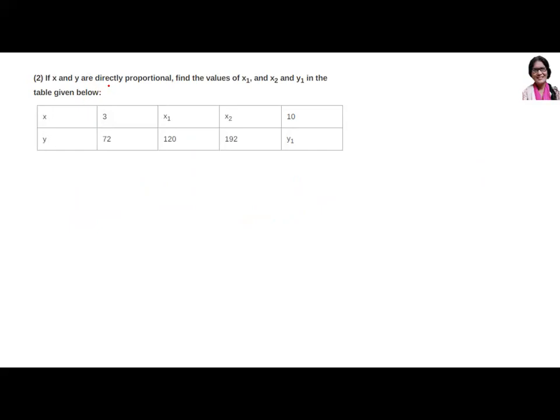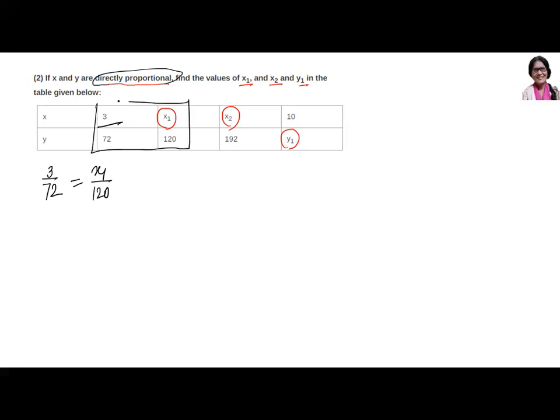Okay. Next, coming to another question. If x and y are directly proportional, find the values of x1, x2, y1 in the given table. You have to get x1, x2 and y1. So let us write. For each case, the ratio should be equal because they are directly proportional. So I'll write that 3 by 72, the first ratio, must be equal to the second ratio, x1 by 120. From these two, I can get x1.